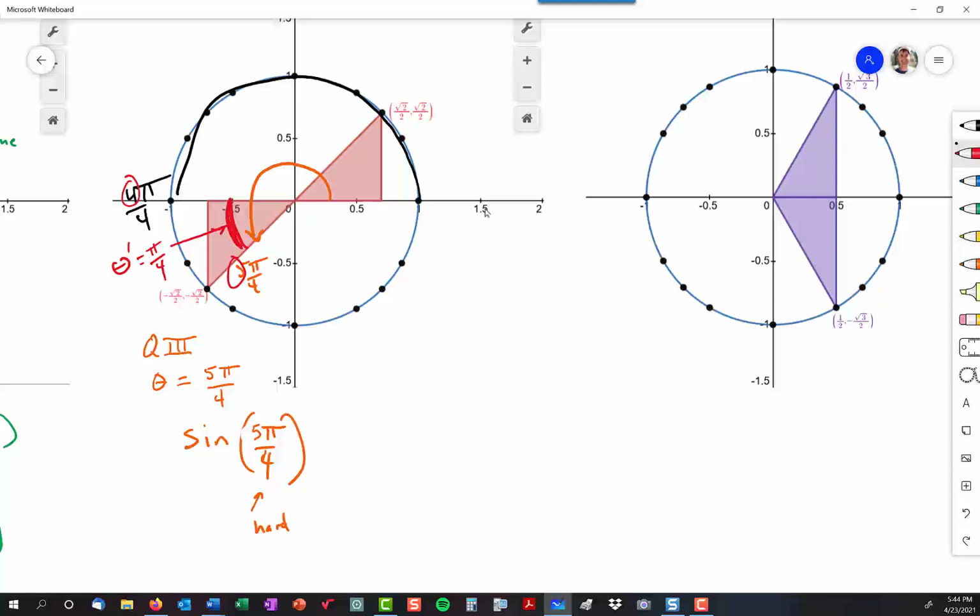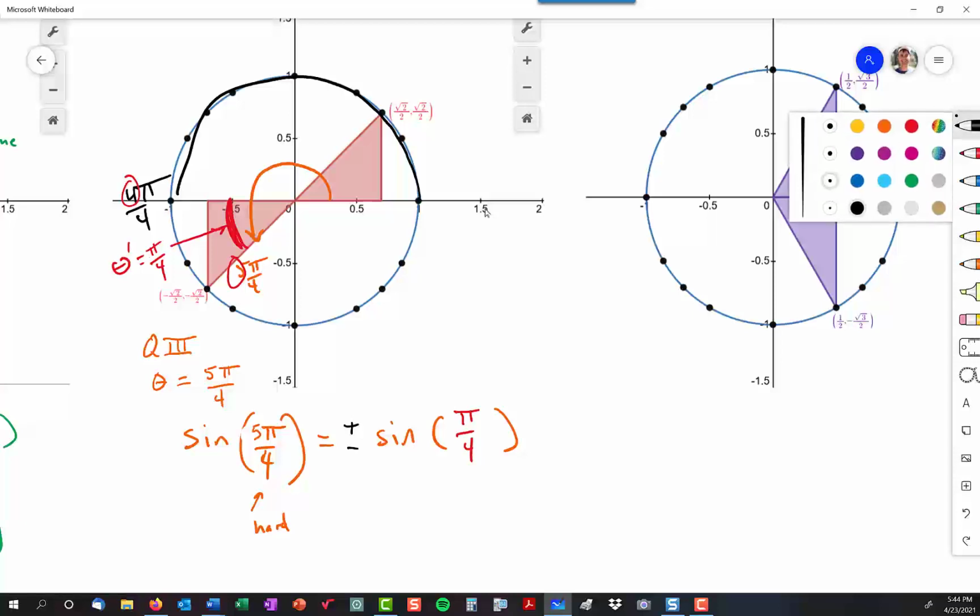So this hard problem, I can switch into an easier problem, changing 5 pi fourths into its reference angle, pi fourths. Now I do have to accommodate later the decision between whether it should be a positive or a negative, but by switching 5 pi fourths into its reference angle, I can do this because I've memorized sine of pi fourths.